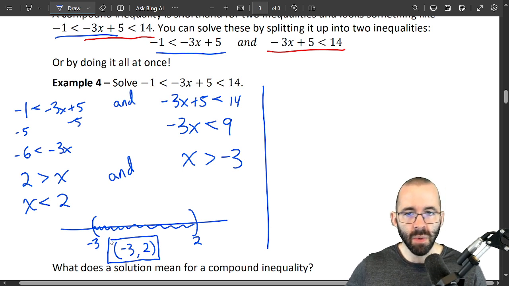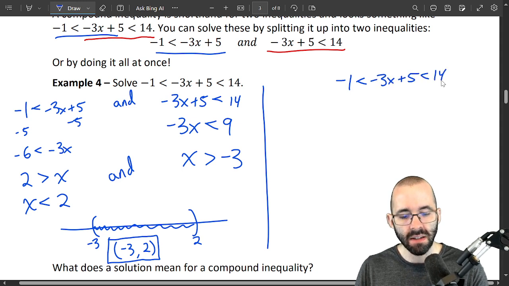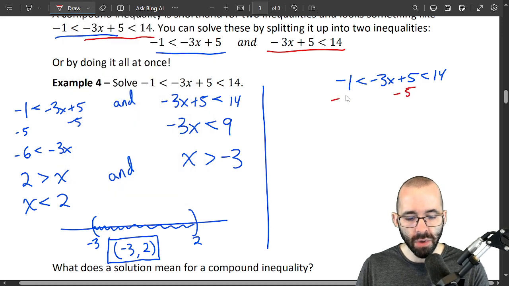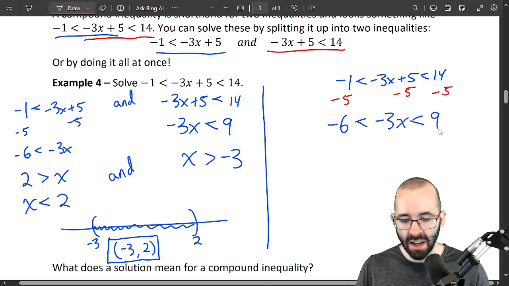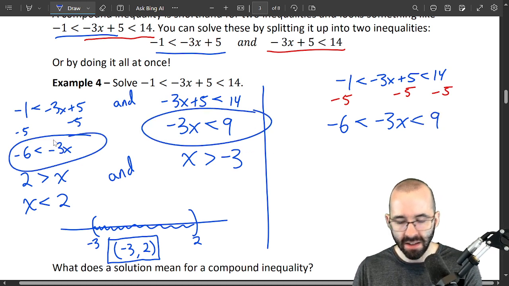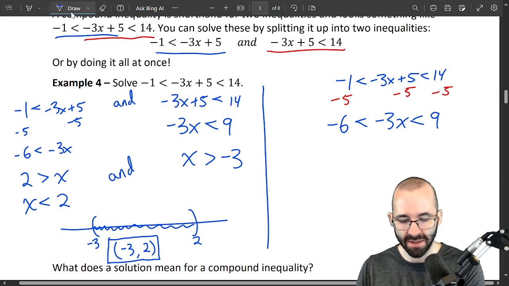Or we could have done this all at once, right? -1 is less than -3x plus 5, which is less than 14. We could subtract 5 from all three sides of this inequality. And that gives us -6 is less than -3x, which is less than 9. And you can see that we're really doing the exact same steps.